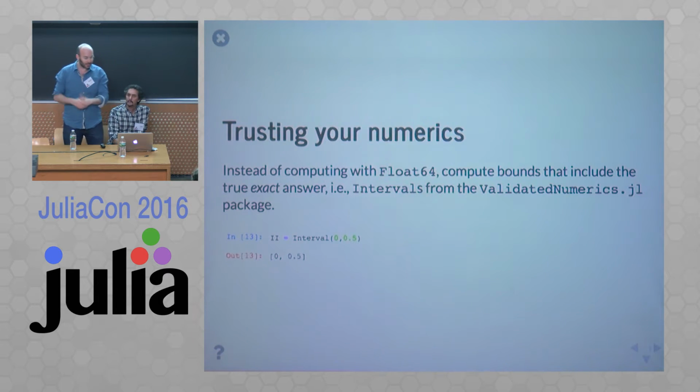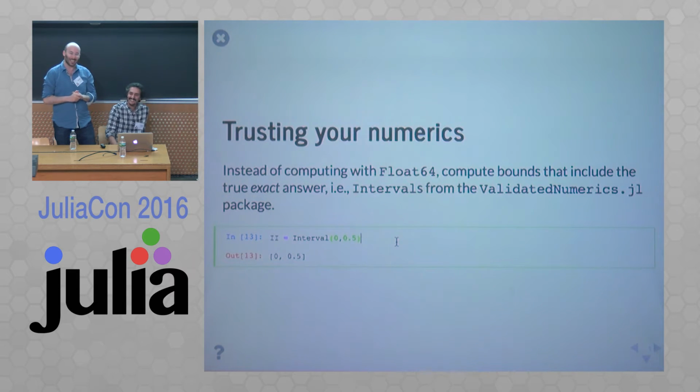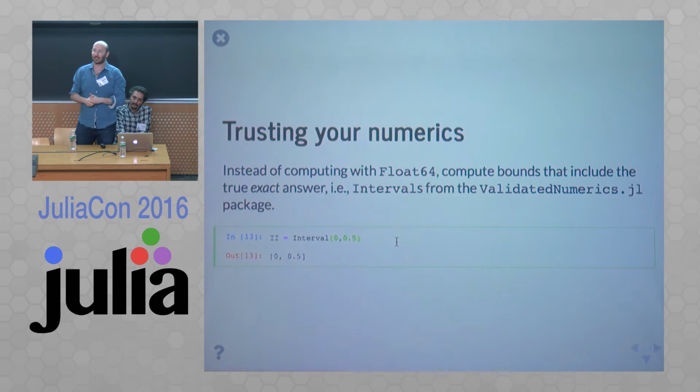So how does this interval arithmetic work? We presented this last year, but since then the package has matured a lot. As we've been hearing, Julia turns out to be a very, very good language for implementing interval arithmetic. This is a field that has been around for 50 years, but it's still pretty difficult to use.